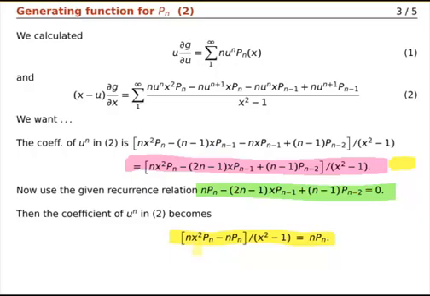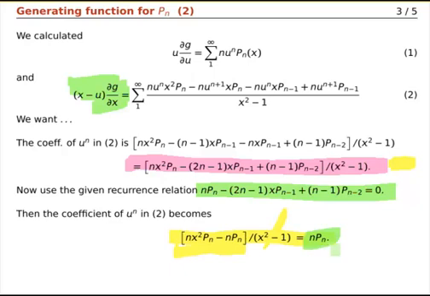We can factorise n p_n out of this square bracket here, and what we're left with is x squared minus 1, which cancels out against that x squared minus 1. Therefore, we have found that the coefficient of u to the n in x minus u dg by du is just n p_n.